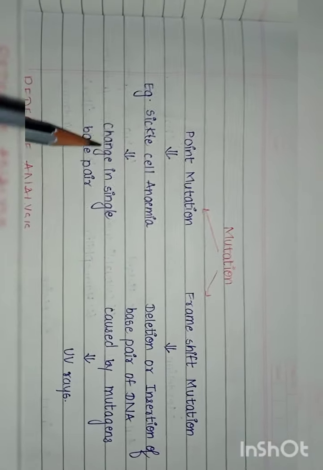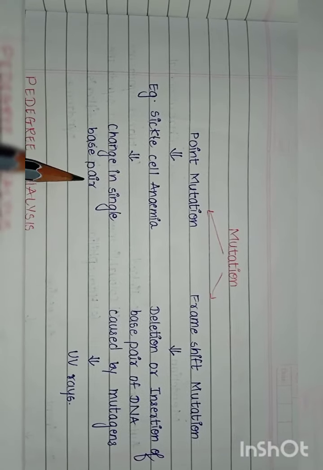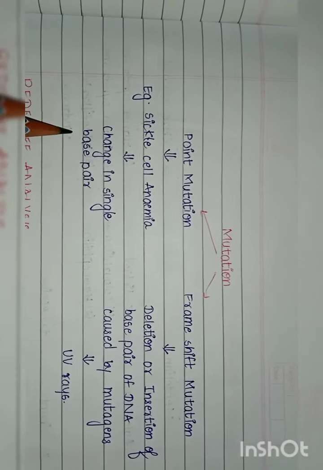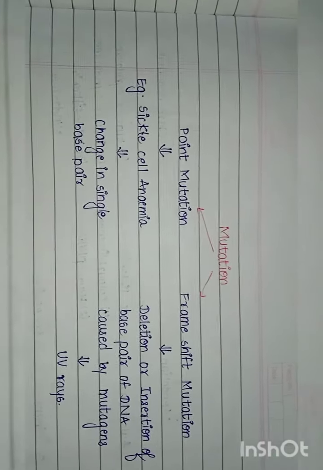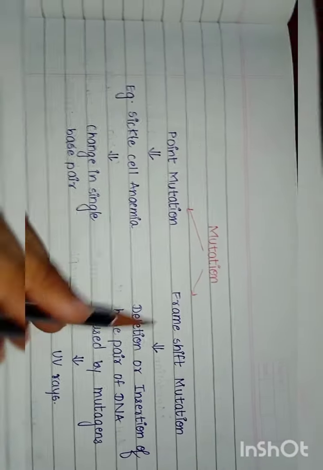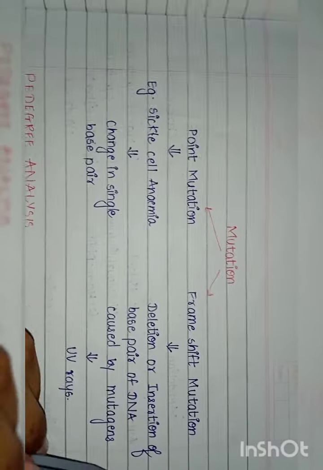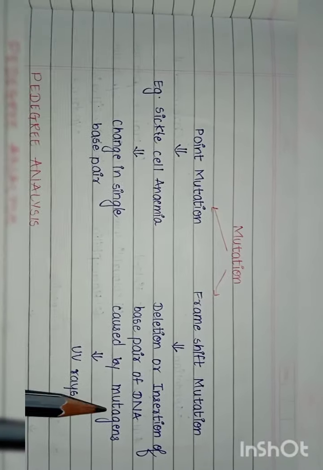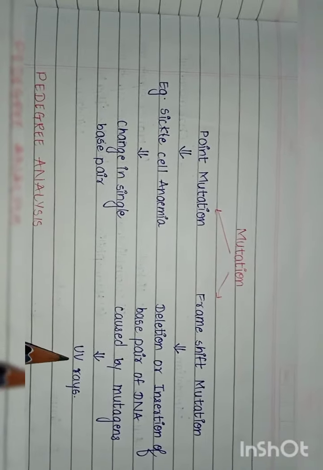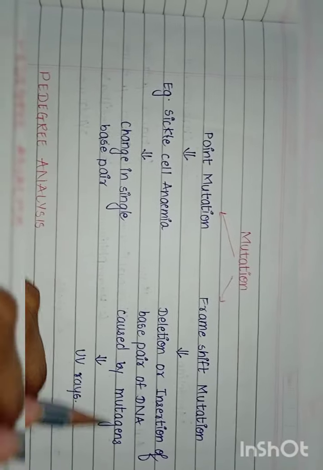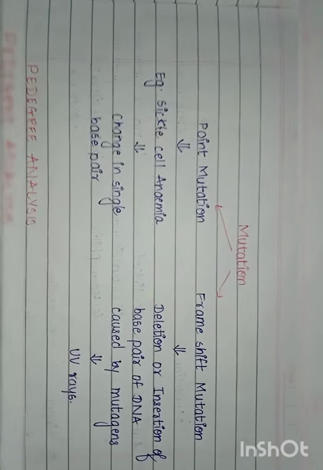In sickle cell anemia, there is a change in a single base pair, that is glutamic acid is replaced by valine. And in frameshift mutation, there is deletion or insertion of base pairs of DNA. Mutagens are the agents which cause mutation.